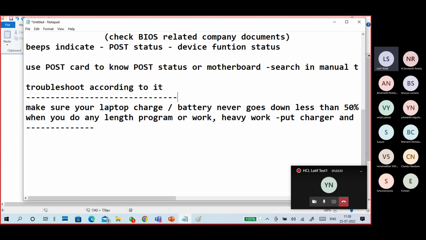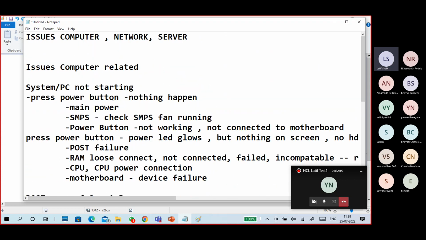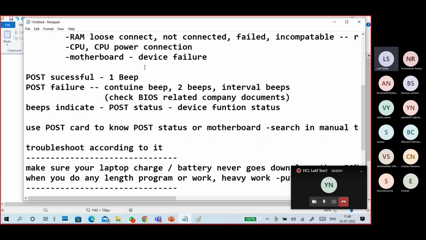Are you confused? Then battery related issues. So these are hardware related issues.